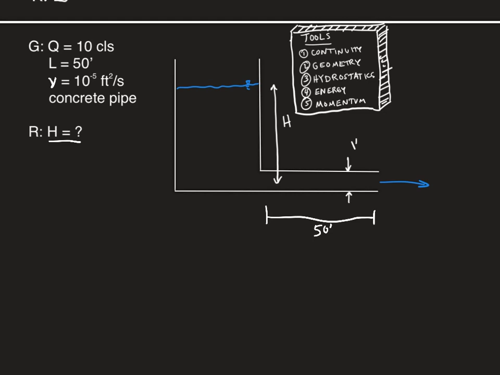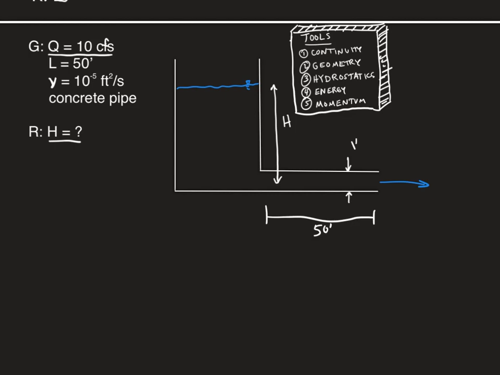We're asking for the height when the flow rate is 10 CFS, cubic feet per second. What depth will give us 10 cubic feet per second if the pipe is made of concrete, the fluid has this viscosity, and the length of the pipe is so much?